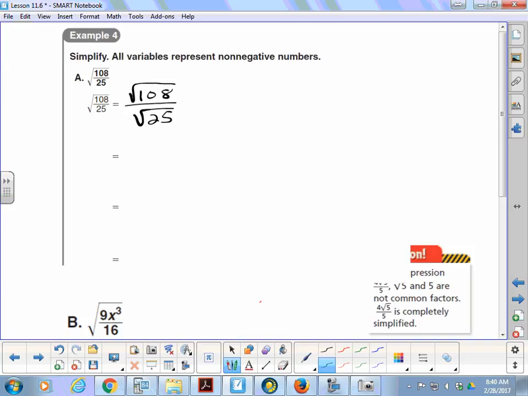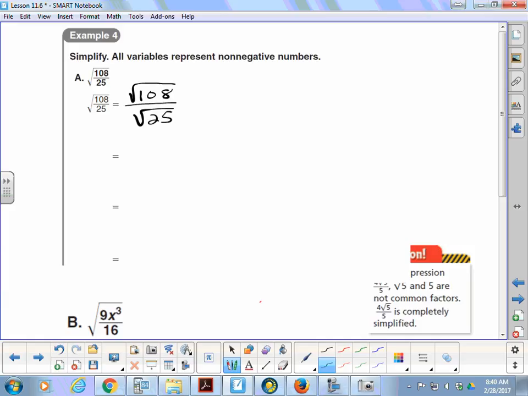That's because I know that I can't simplify 108 over 25. And sometimes you're going to be in a situation where you could simplify it, but it doesn't pay to start with. Because if your denominator is a perfect square, then don't simplify.